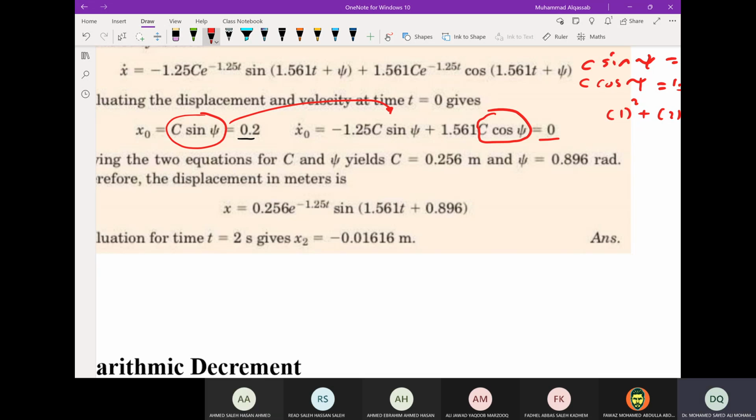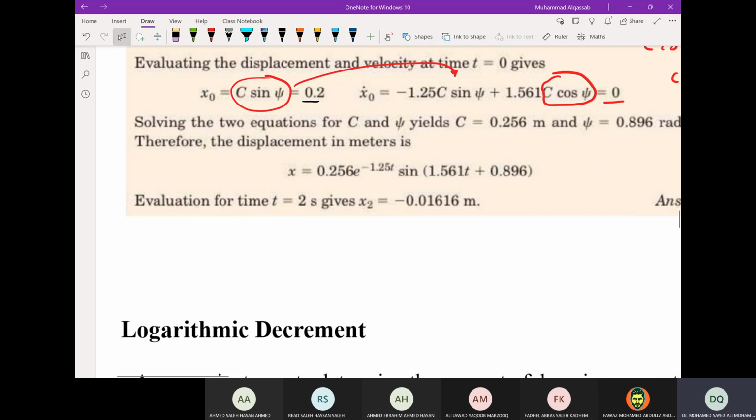This is the final equation for the response: x equal to 0.256 e to the power minus 1.25 t sine of 1.561 t plus 0.896. Evaluating at time t equal to 2 seconds, x at t equal to 2 is minus 0.01616.